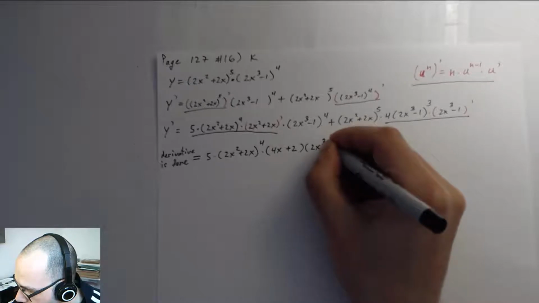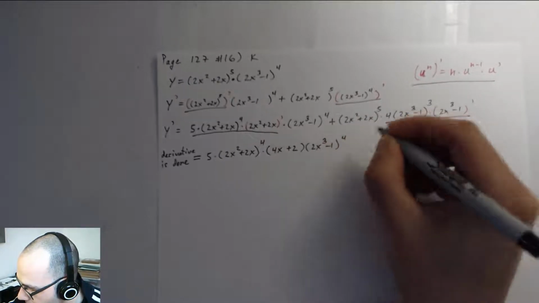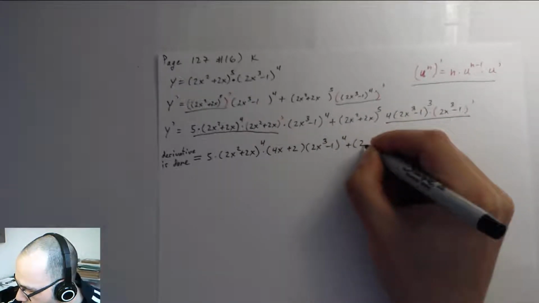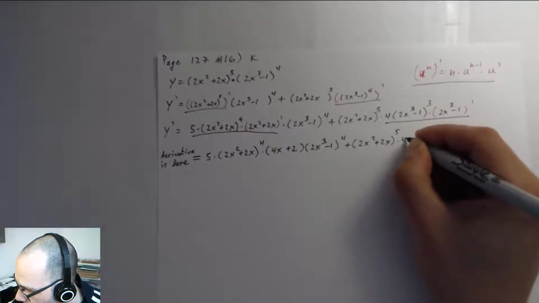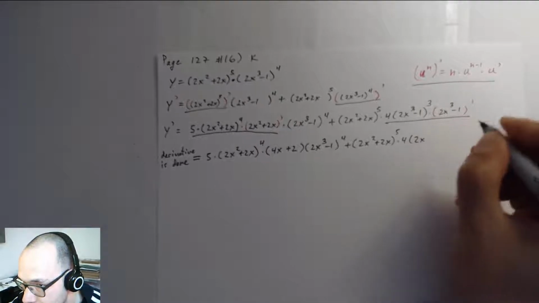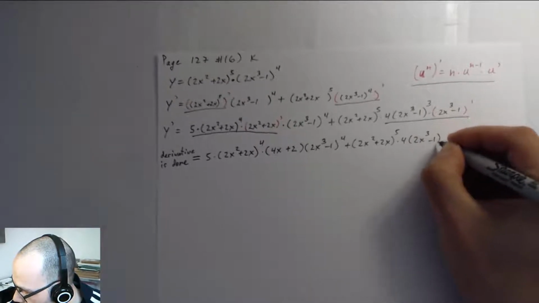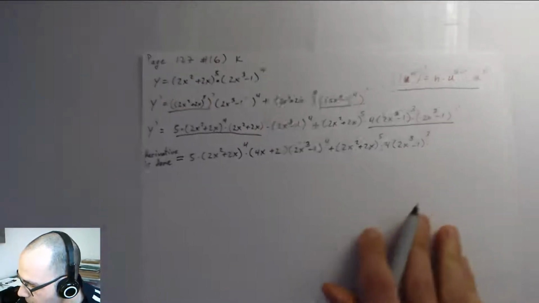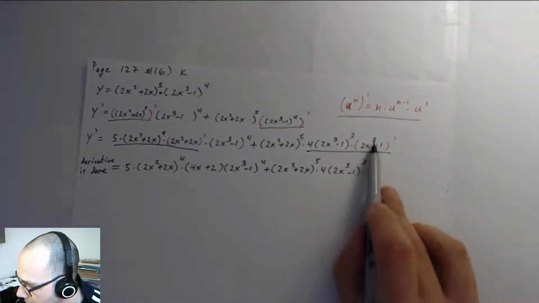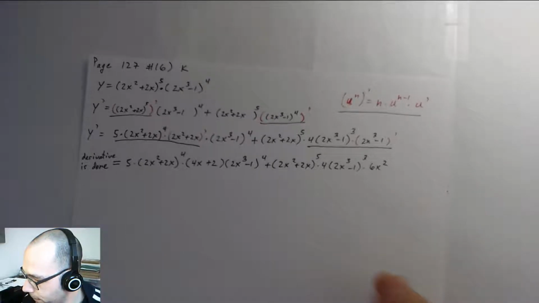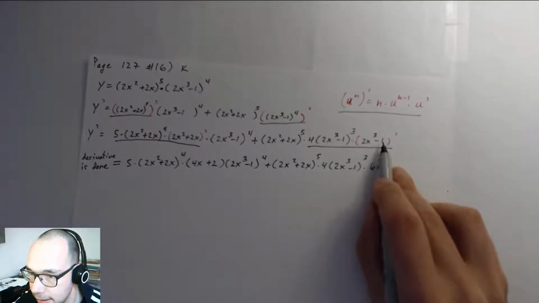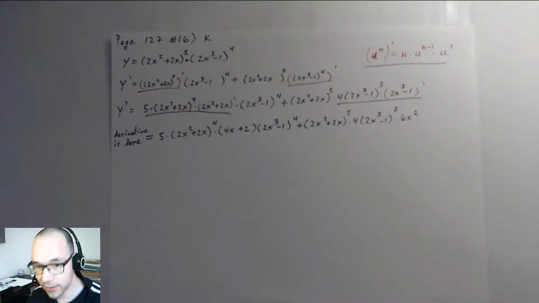Multiplied by 2x cubed minus 1 to the power of 4, plus 2x squared plus 2x to the power of 5 multiplied by 4, 2x cubed minus 1 to the power of 3, multiplied by the derivative of this one right here. It's going to be 6x squared, because the derivative of 1 is 0. So the derivative is done right now.